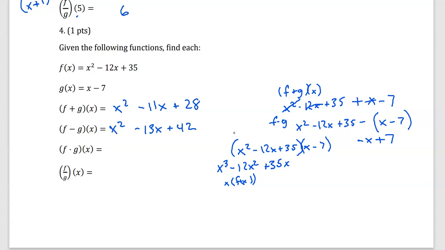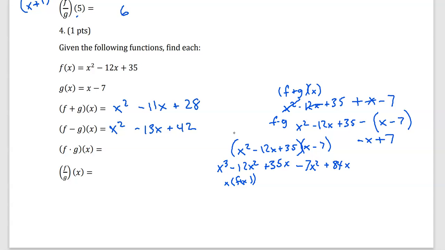And we're subtracting 7 times all of that. So I'm subtracting 7x squared. I'm subtracting 7 times negative 12x, so it would be plus 7 times 10 plus 7 times 2, 84x.